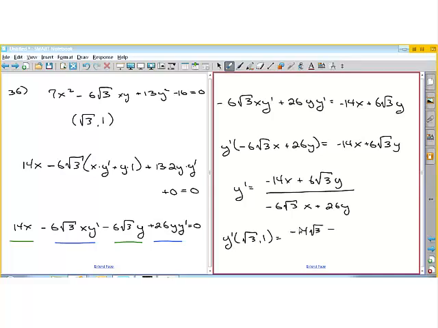So we'll get negative 14 times the square root of 3 plus 6 times the square root of 3 times y, which is 1. Okay, that looks good. Then you get negative 6 square root of 3 times x, which is the square root of 3, plus 26 times y, which is 1.